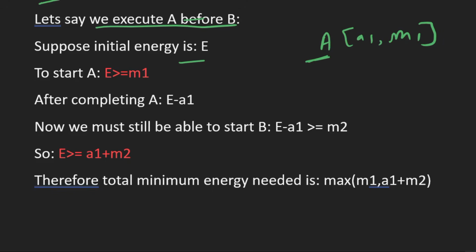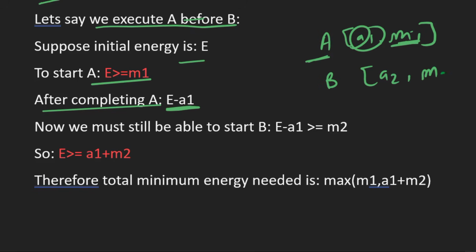Then to execute A, our energy should be greater than or equal to M1, right? That is the minimum condition that should be satisfied. After completing A, how much energy are we left with? We are left with energy E minus A1, because it will consume A1 energy. Then we have B. For B we are given A2 comma M2.